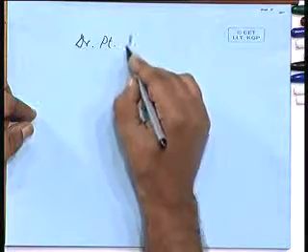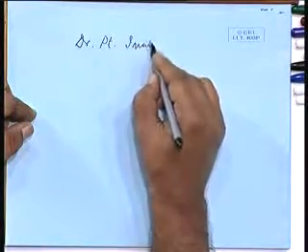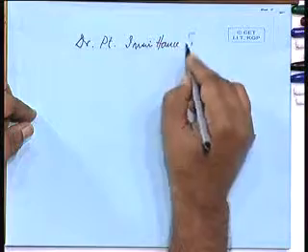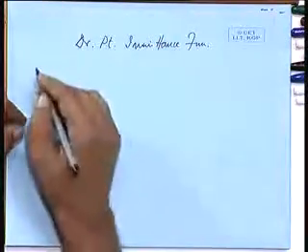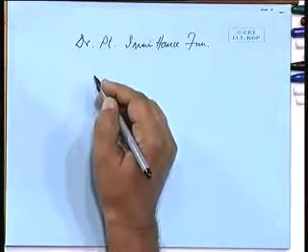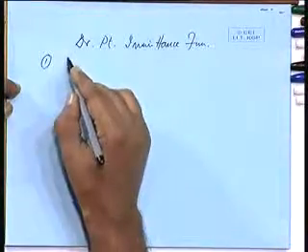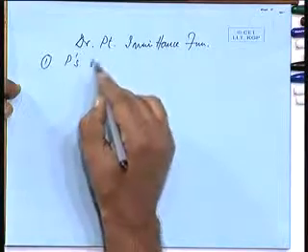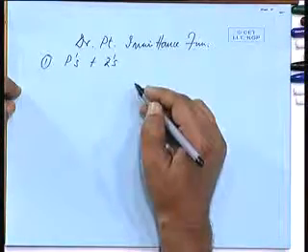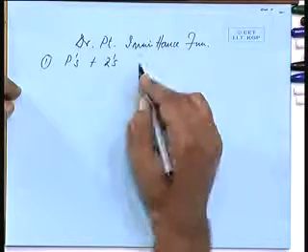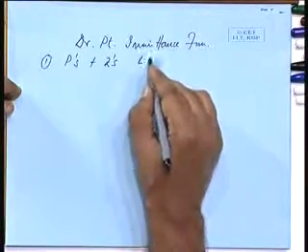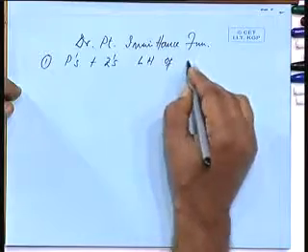Good morning friends, we will be continuing with driving point impedance function or admittance function. We have seen the properties to be satisfied are: poles and zeros of the admittance function must lie in the left half of S plane.